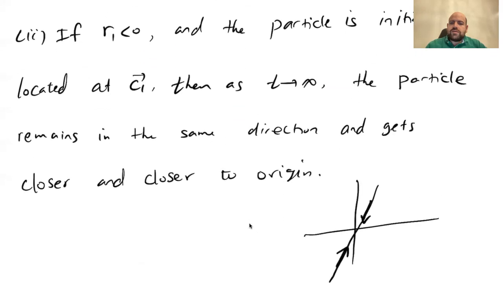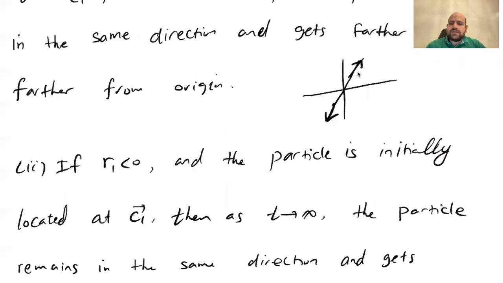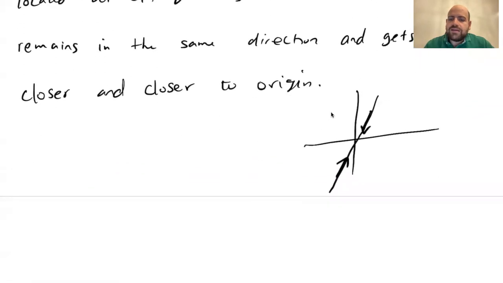So no matter whether the particle starts from this side or this side of origin, the factor that determines whether the particle gets closer and closer to origin or farther and farther from origin is the sign of the eigenvalue. If it's positive, gets farther and farther from origin, regardless whether it starts from this side or this side. And similarly, if the eigenvalue is negative, you will get closer and closer to origin, regardless whether you start from this side or this side.